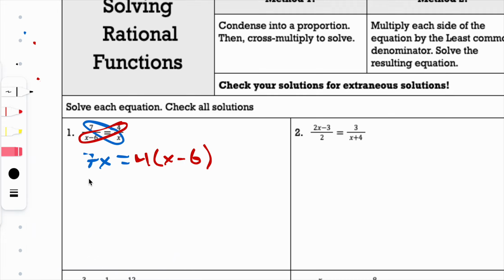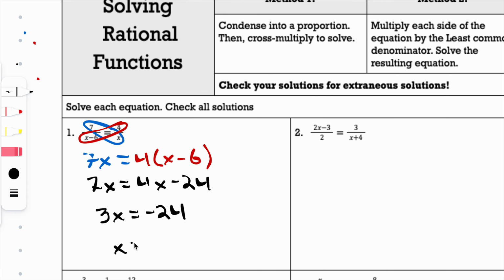So we have 7x, and that's equal to, we're going to distribute this 4. So we have 4x, and then minus 24. And then we subtract 4x from both sides. We get 3x equals negative 24. We divide by 3 and we get x equals negative 8.